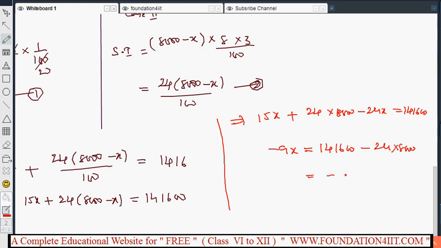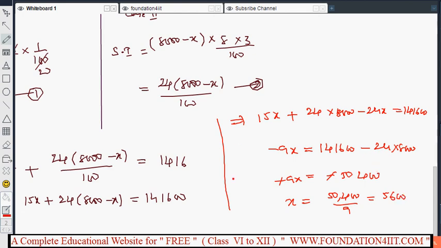After multiplying and subtracting, 50,400. The minus cancels, x is equal to 50,400 by 9. Okay, cancelling this 9 table, 5,600. That is the x value.